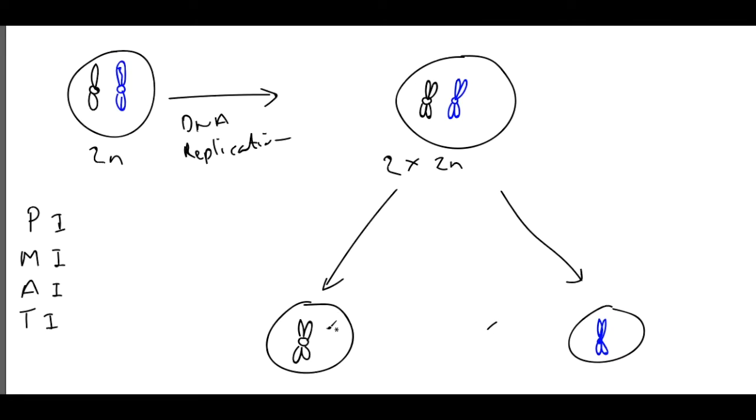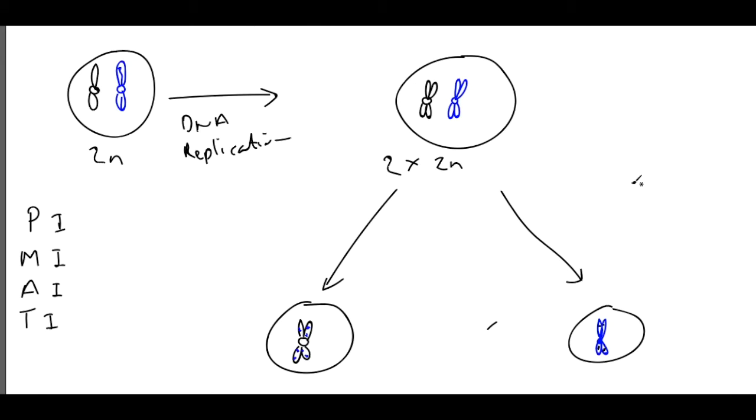But the difference is these chromosomes through this meiosis 1 will have mixed up information. So equally, if that's got a bit of dad stuff on it, this one is going to have a bit of mum stuff on it. And that is totally random how that happens.